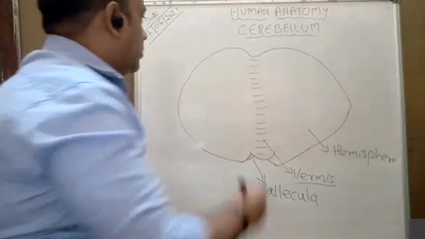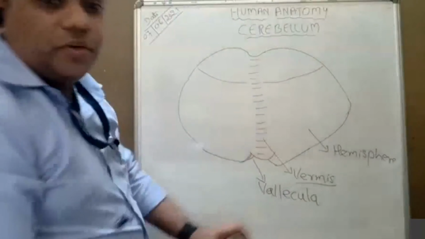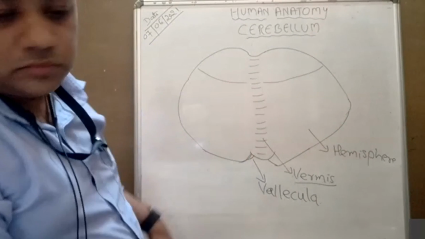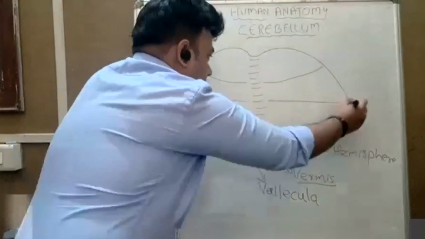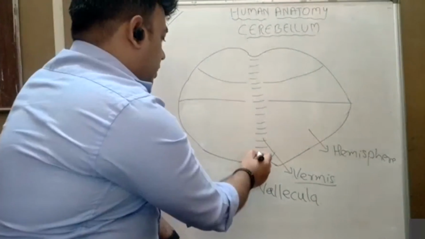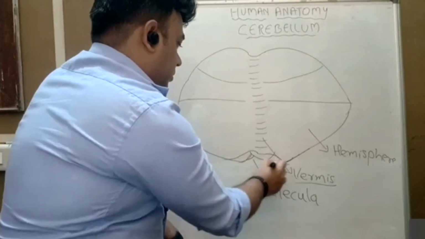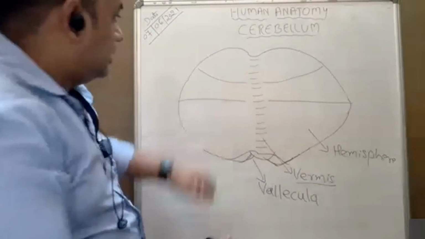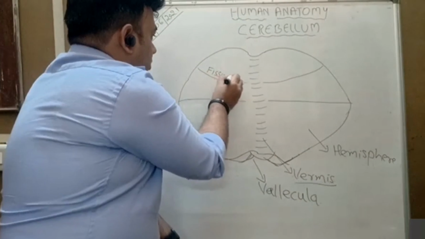If I draw it like this, this is the primary fissure, also known as the fissura prima.